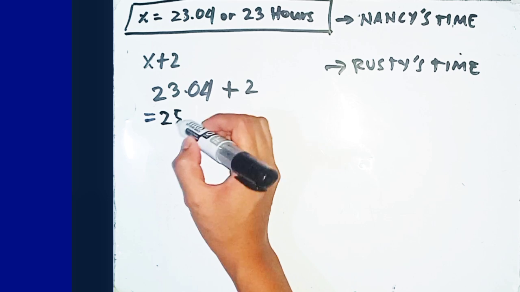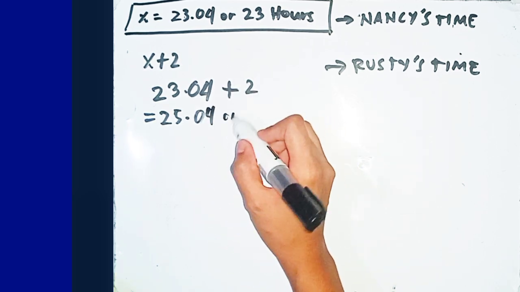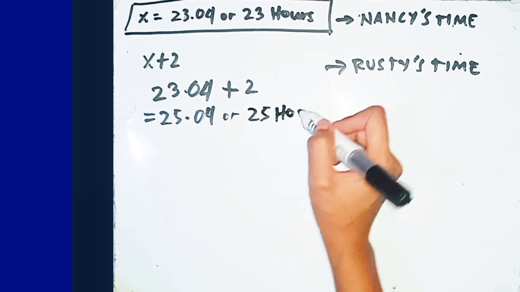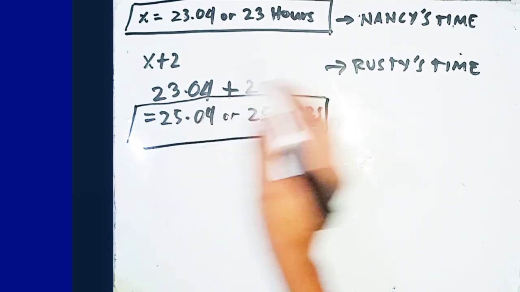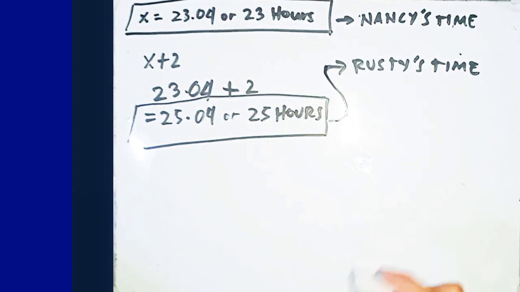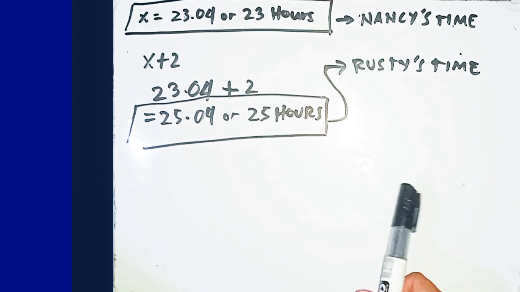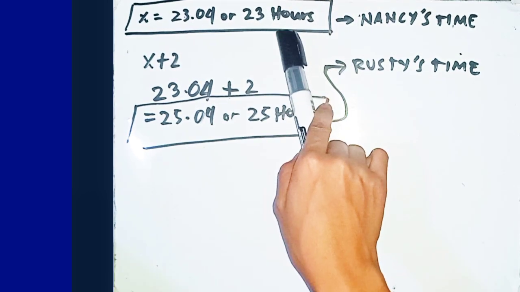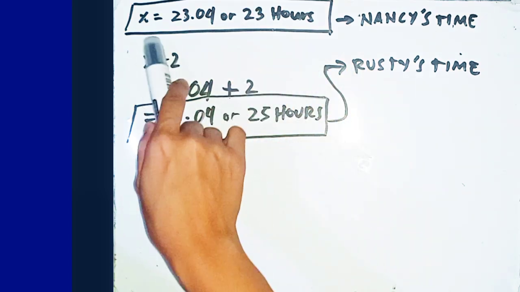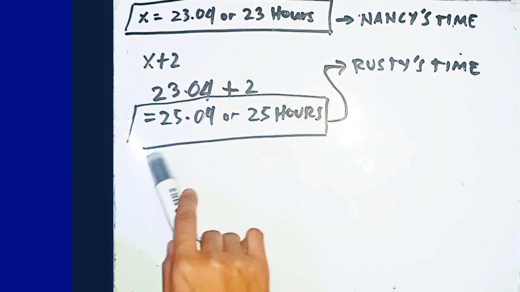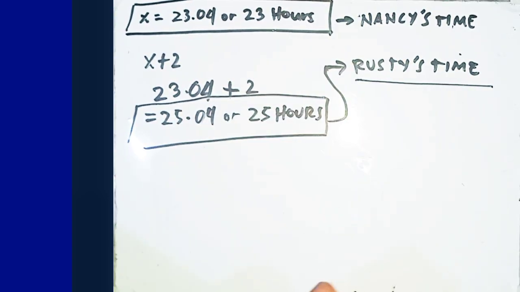That would be equal to 25.04 or 25 hours. So that would be the hours that Rusty takes to do the job alone. Okay. Nancy takes 23 hours to do the job alone, while Rusty takes 25 hours to do the job alone.